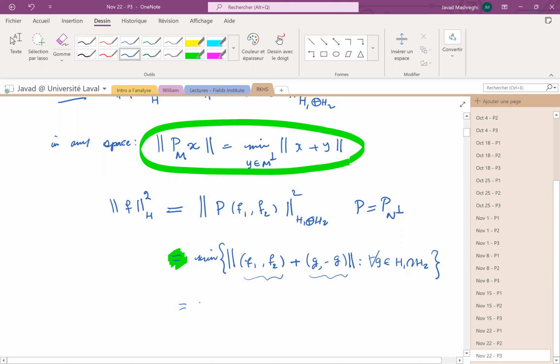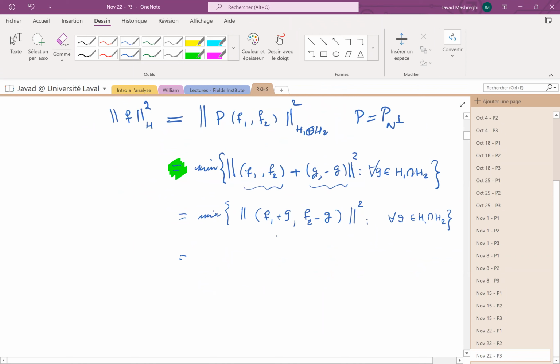Or if you wish, you can write it this way: the minimum of the norm of F1 plus G, F2 minus G. I forgot the square here. For any G in H1 intersection H2. And remember, it's up there, I don't want to go back, F1 and F2 are such that F is equal to F1 plus F2.